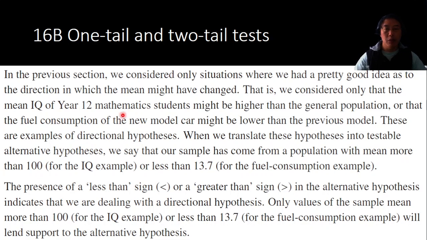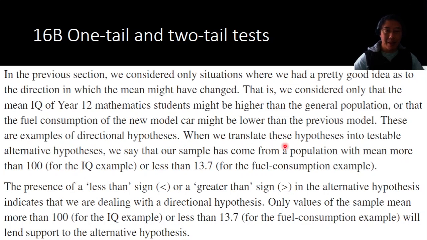So here, if we go back to the example, in a situation with the IQ of year 12 math students, is their IQ higher than the general population? Or the other one with the fuel consumption, is it lower than the previous model? Those are examples of directional hypotheses.